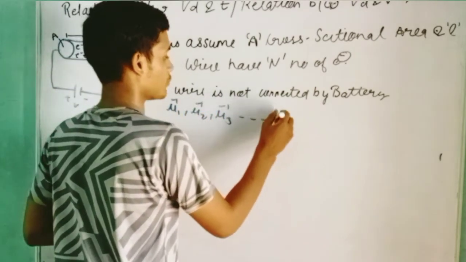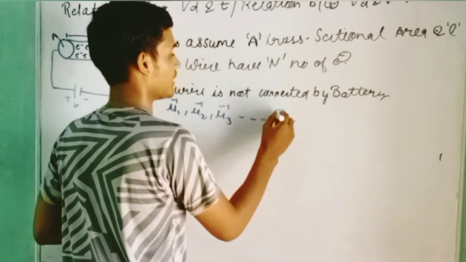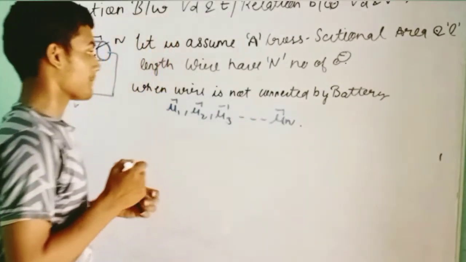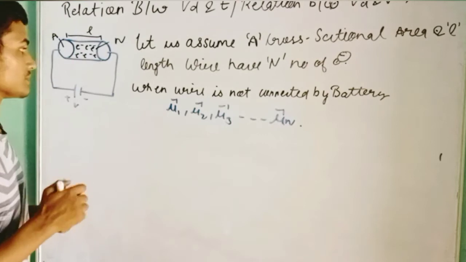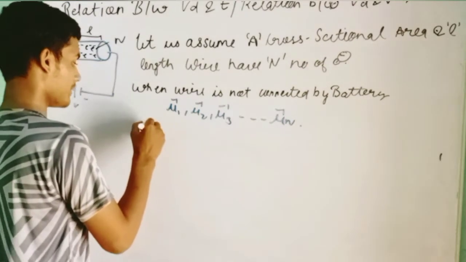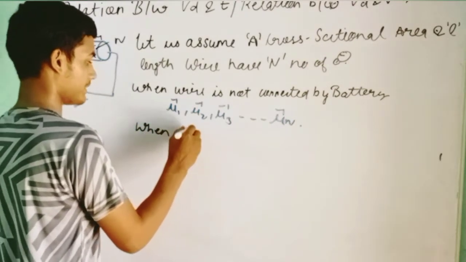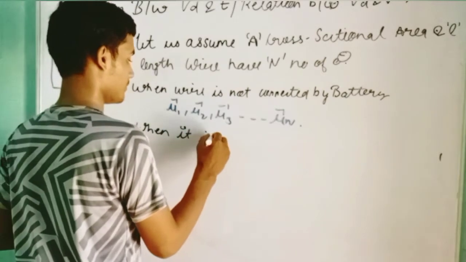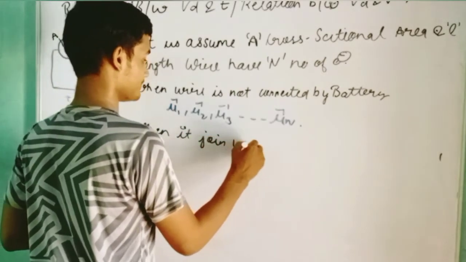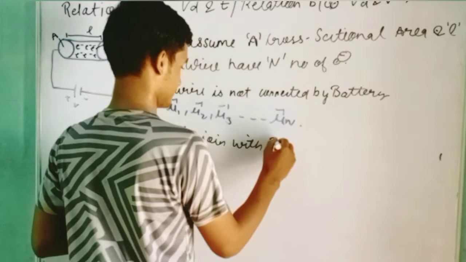Then the velocity of the electrons when they are joined with the battery.